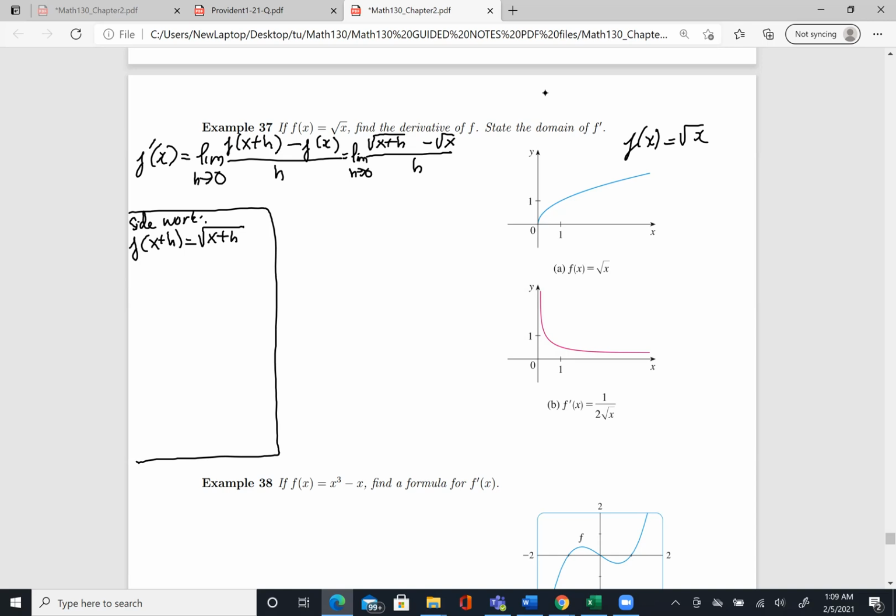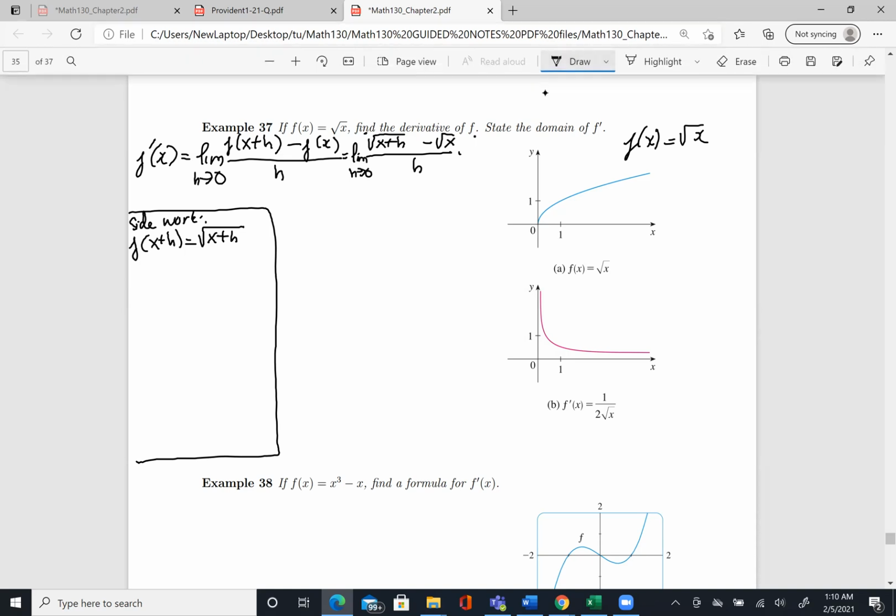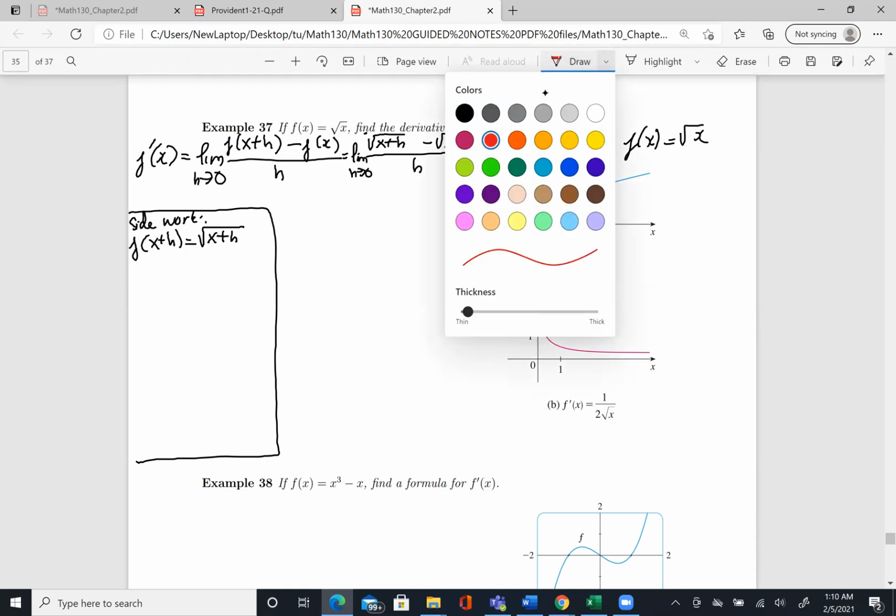So you have to think about whether you can use the difference of squares formula for this case, and you want to multiply by the conjugate, right?